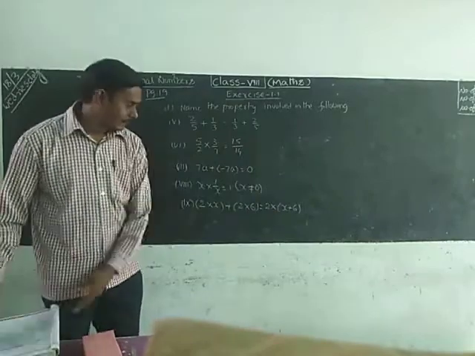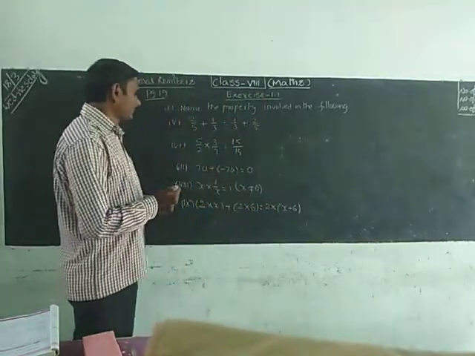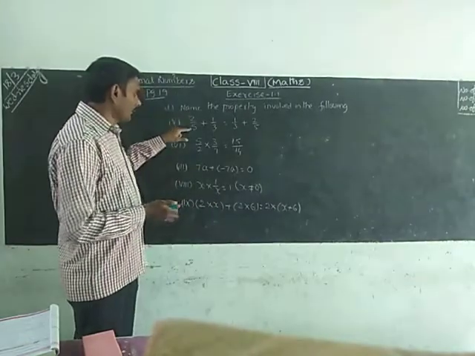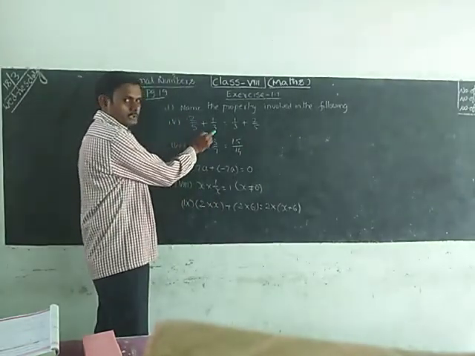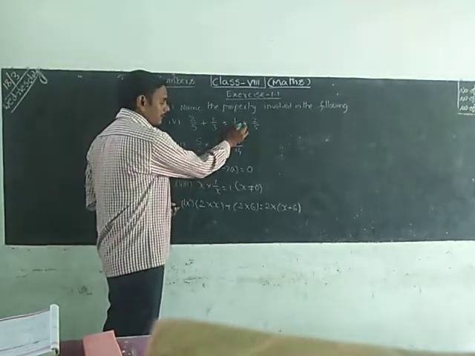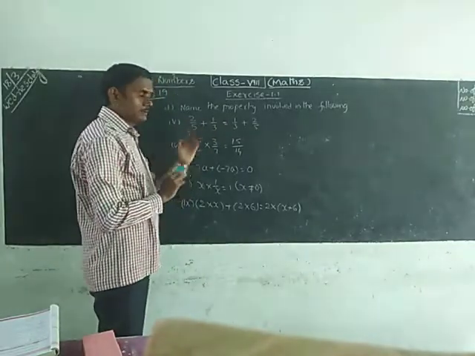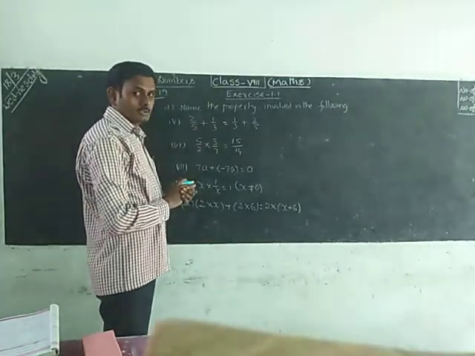If you observe here, some more properties are given. Fifth one: 2 by 5 plus 1 by 3 equals 1 by 3 plus 2 by 5. Compare these two. Are there any similar numbers?